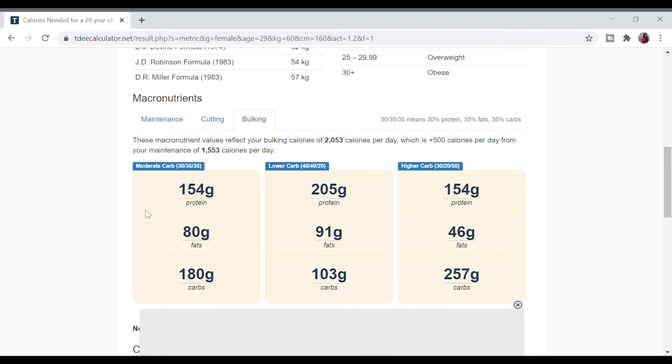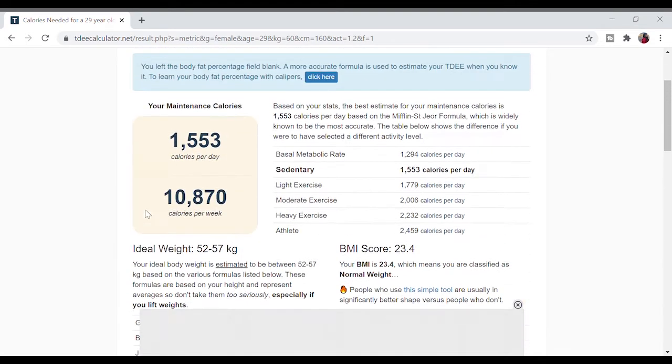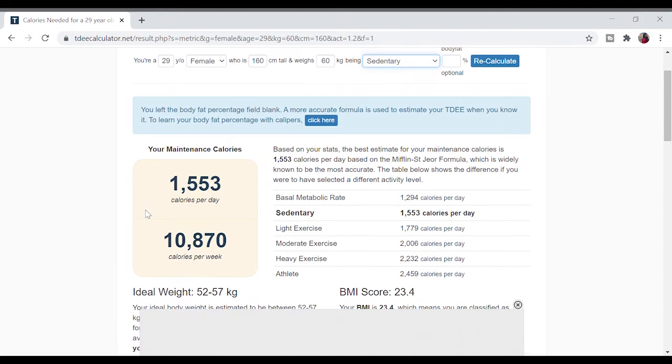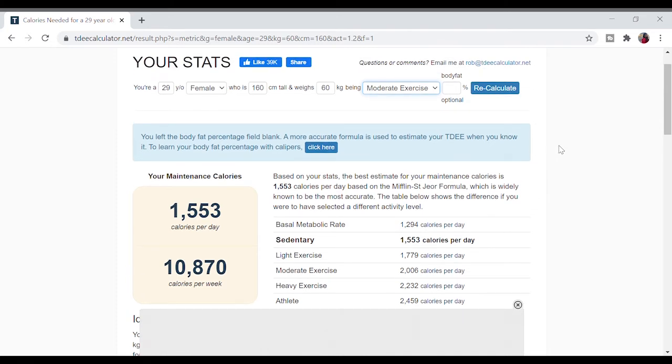Now, let's take another scenario where you start working out. Okay, so your maintenance calorie requirement also changes with the change in your lifestyle. So let's select moderate exercise. It means I am working out 3 to 5 days a week. Let's recalculate it.